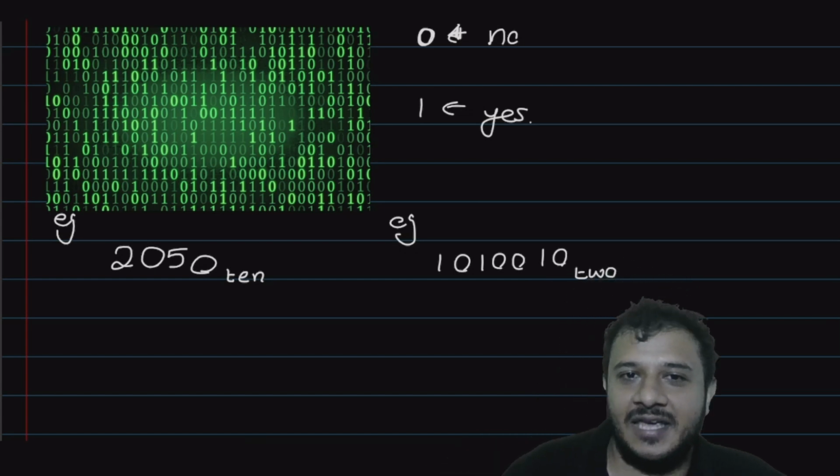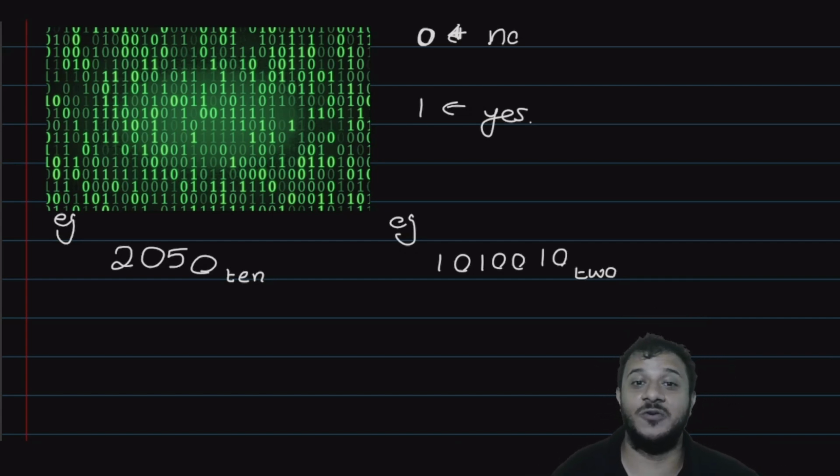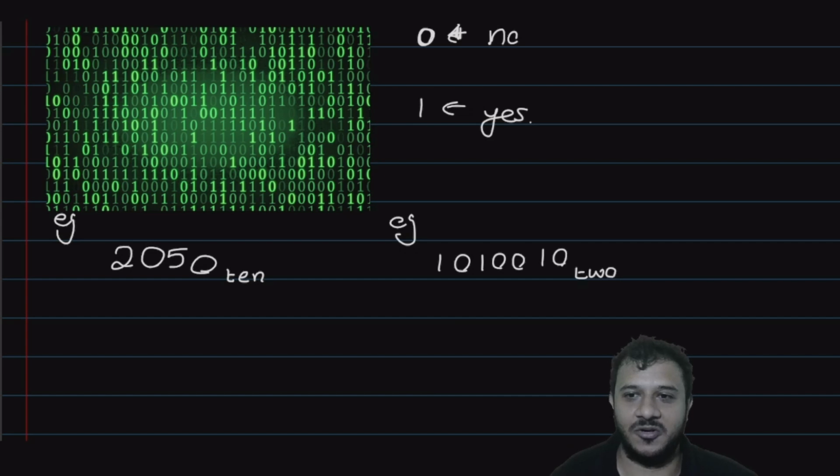But if your teacher is old-school, they will definitely check whether you write the 10 at the back. So to be on the safe side, under this lesson, whenever you write a binary or decimal number, make sure you write it down.